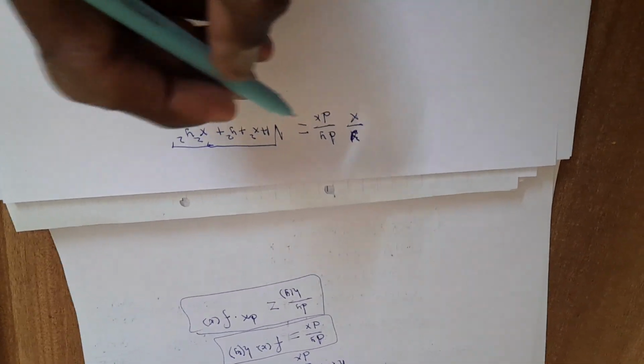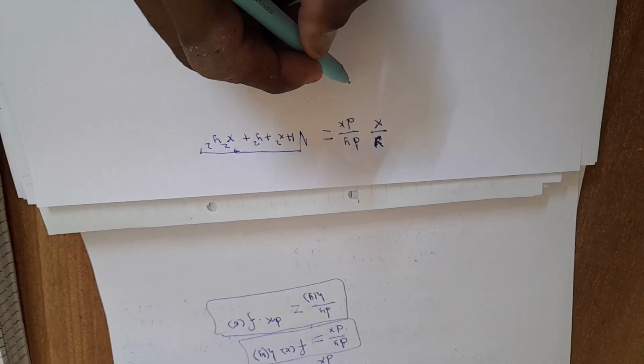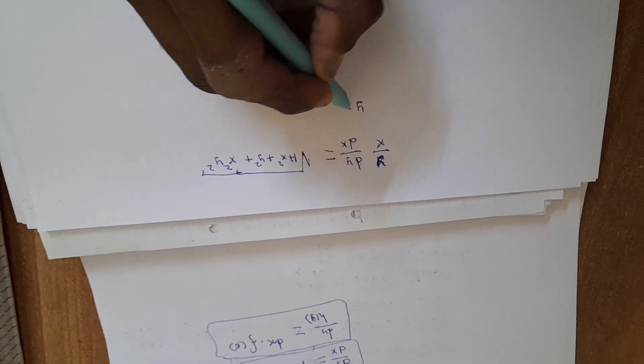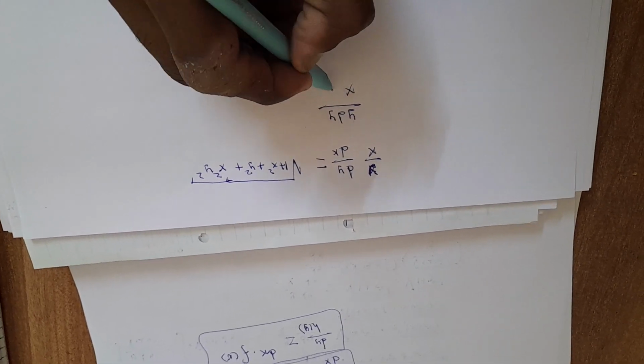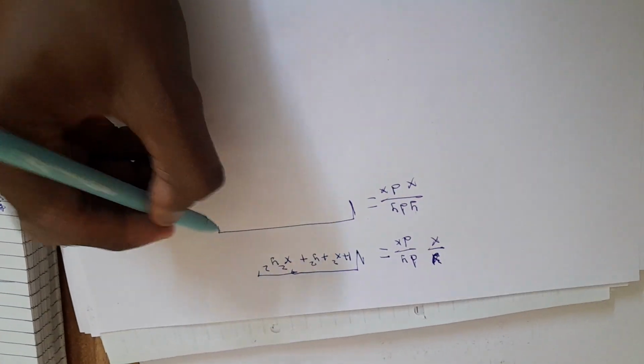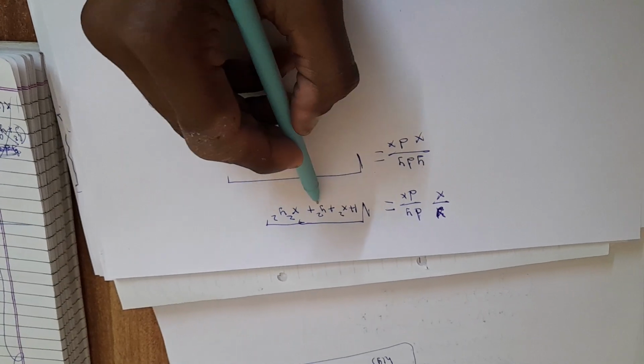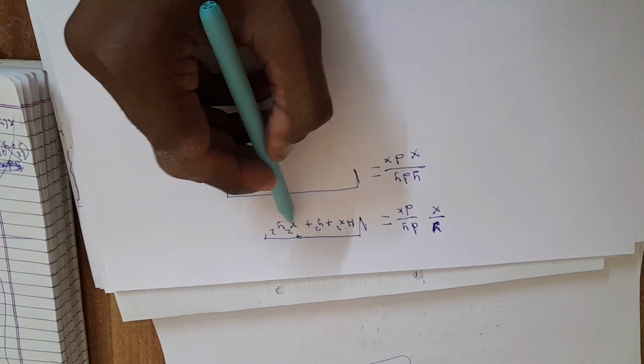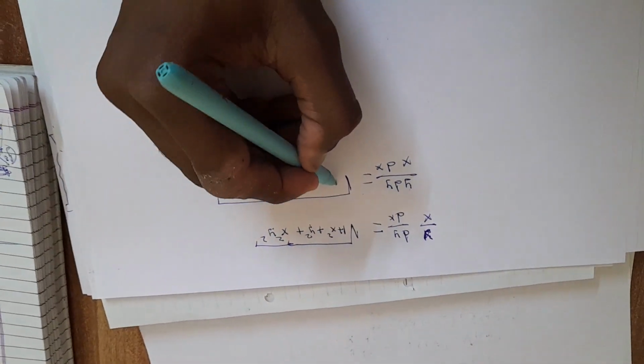Let us try then. Here we have y dy and here x dx, equal to, now look deeply at this. We can factorize: these are common factors.